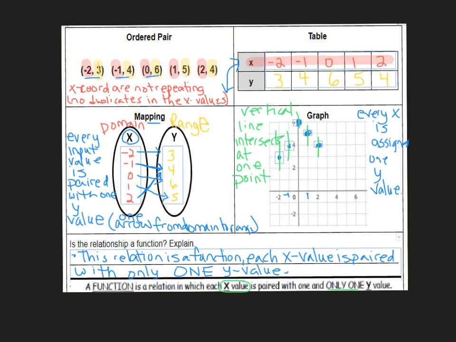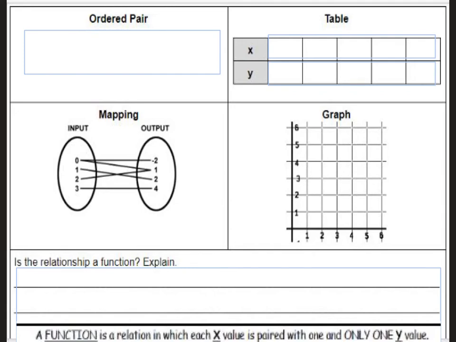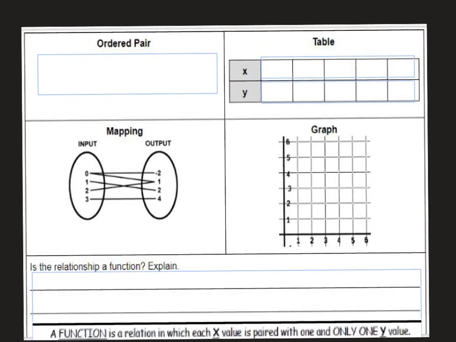Now we're going to do one additional example. Example 2. In this example, you've been given a mapping diagram of a relation. We are going to take that and write it as ordered pairs. As you can see by looking at your mapping diagram, 0 has been assigned to -2. 0 also has a second arrow, and that's been assigned to 1.